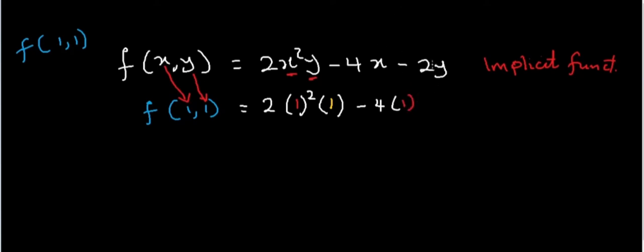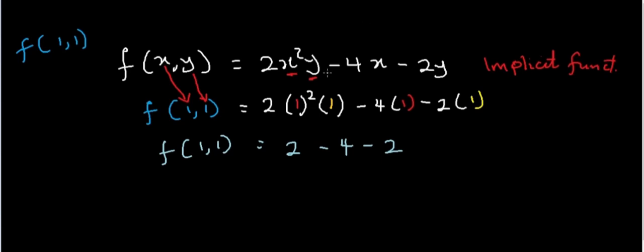You know that 1 is there to represent our values. So f of 1 comma 1 will be equal to 1 squared is 1 times 1, that's 1, times 2, that's 2, minus 4 minus 2. Obviously this cancels out. Then my final answer for f of 1 comma 1 is minus 4. So that's how to get this question.